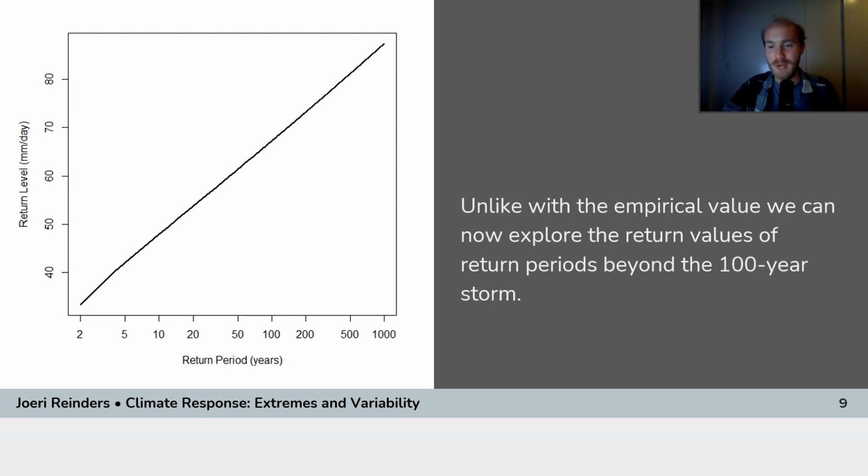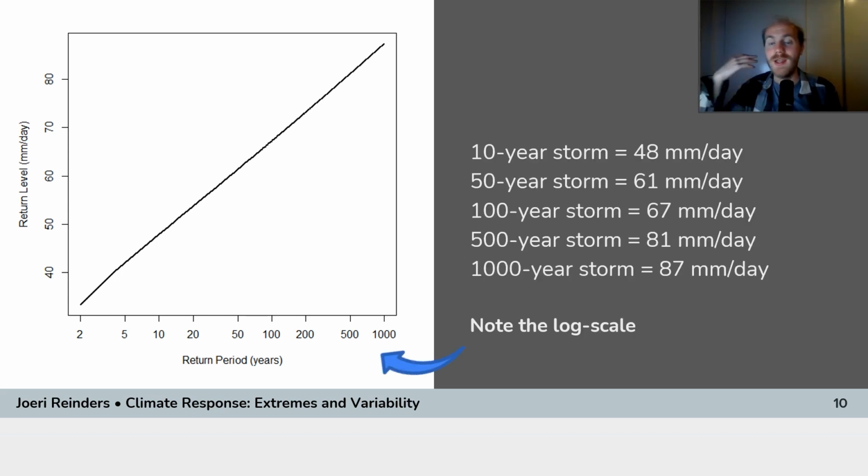Unlike with the empirical values, we can actually extend that line to, for example, a 1,000-year return period, which is something you might want to know if you're working with very delicate infrastructure projects, or if you really want to protect a city from a big event. So here you can see that the 1,000-year storm, for example, is 87 millimeters a day. So that could be helpful.